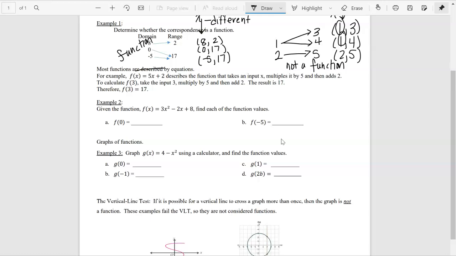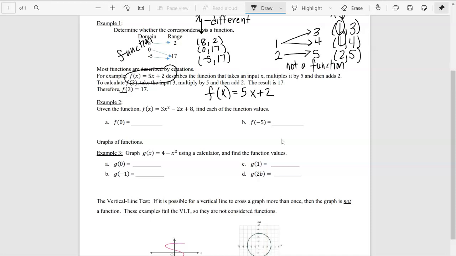So if we take this basic equation, what we're saying is we've got f of x is equal to 5x plus 2.